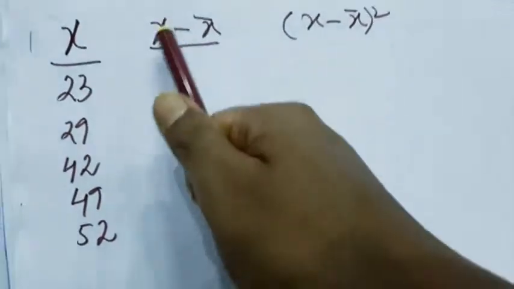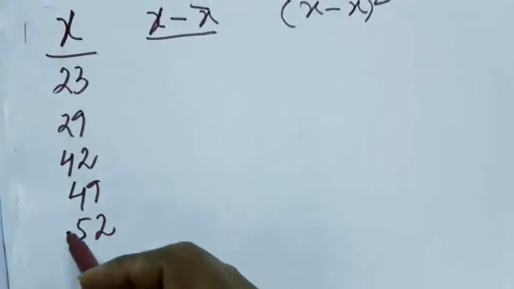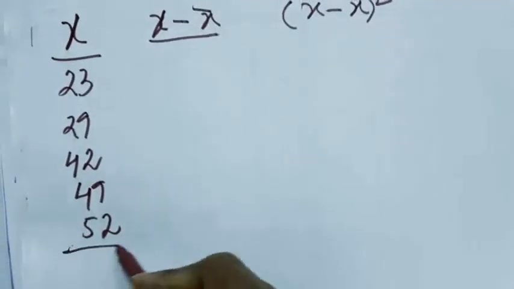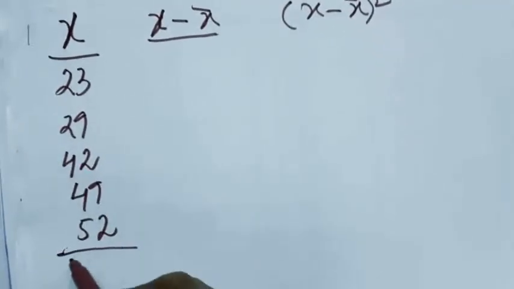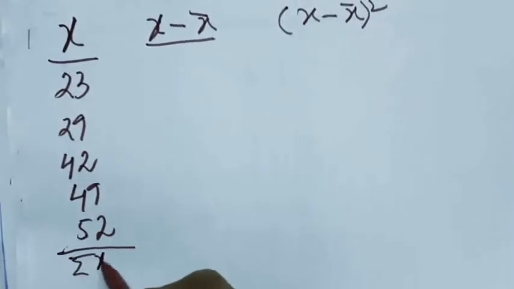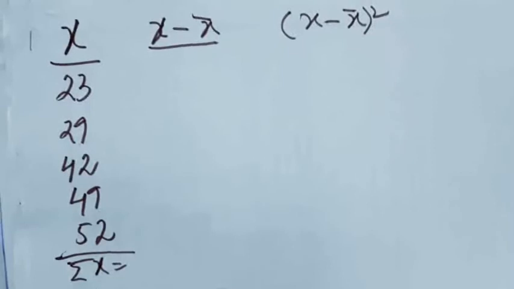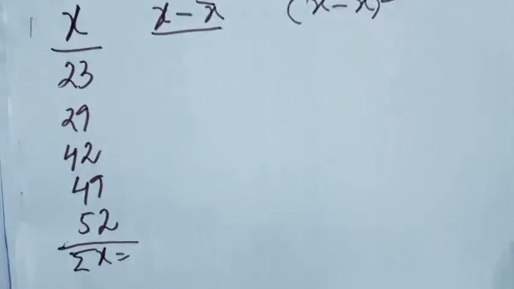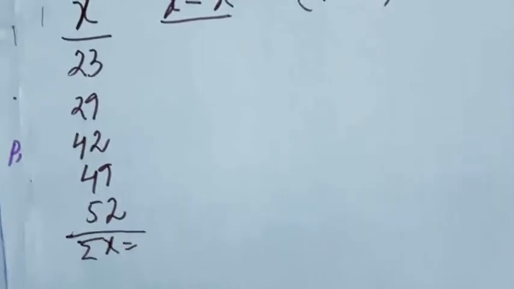Here what is x minus x bar? It means that we have to find out the x bar. How will we get the x bar? By summing up the x divided by the number of observations. If we sum it up, what we will get? Let's calculate this.